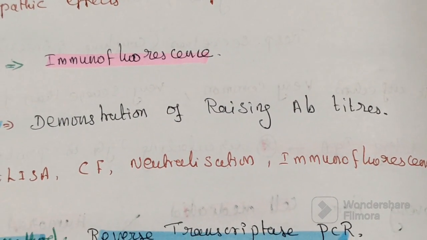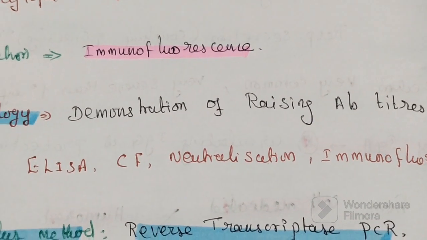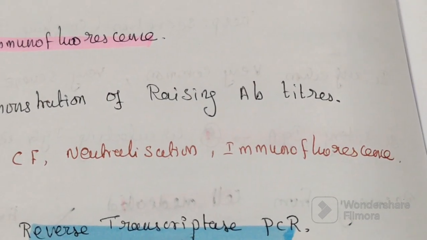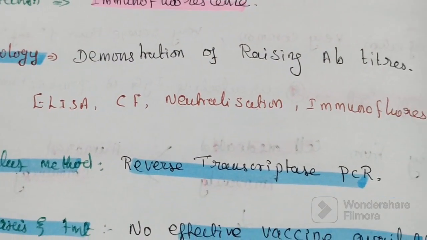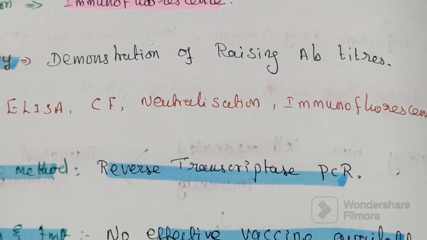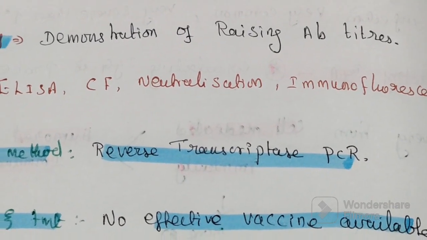Then the molecular method is reverse transcriptase polymerase chain reaction, which is sensitive and rapid.